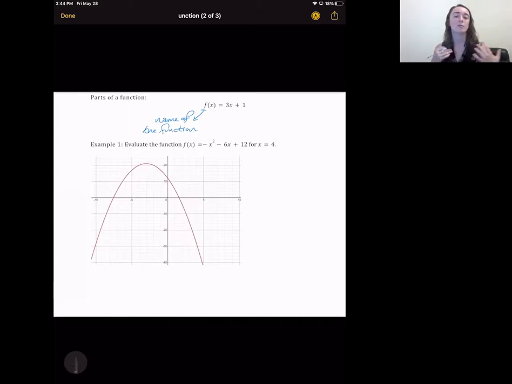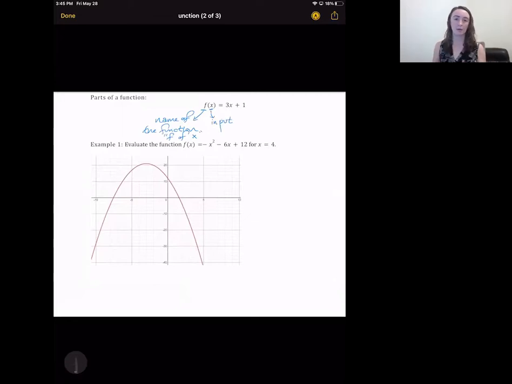Right, so if we were going to read this line of math out loud, we would pronounce this as f of x, with f being the name of the function. The second key piece is this x, which corresponds to our input.